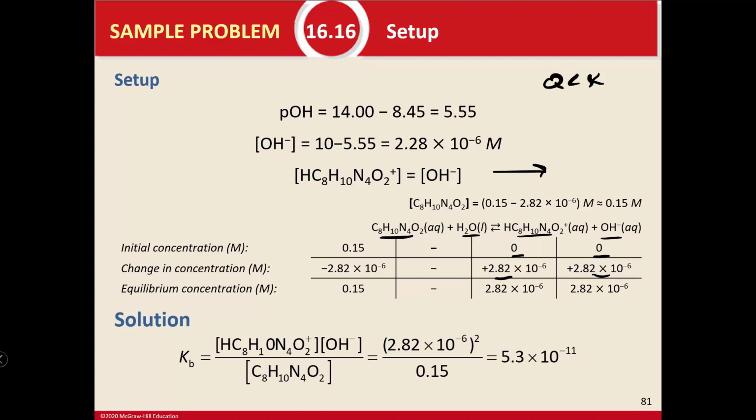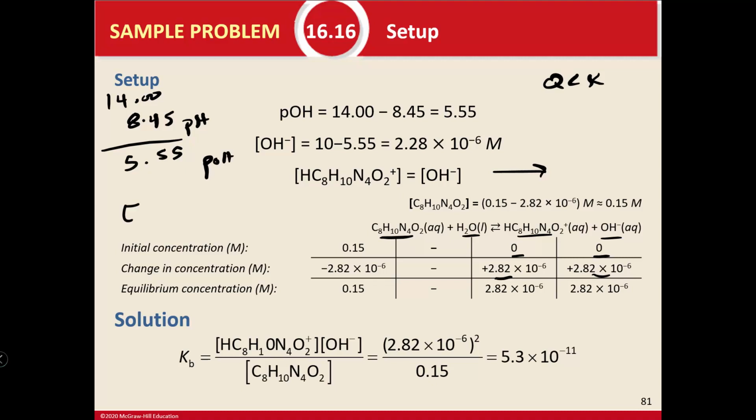So here's what we do. We talked about that the pH was 8.45. All right, I'm going to subtract that from 14. And if I do that, I get 5.55. So that's my pOH.